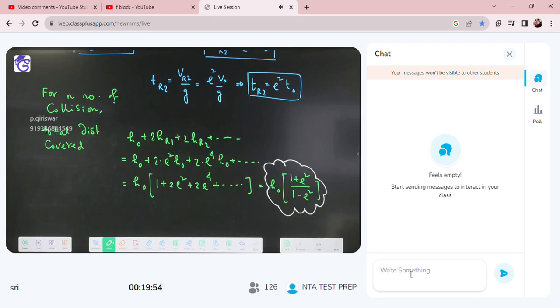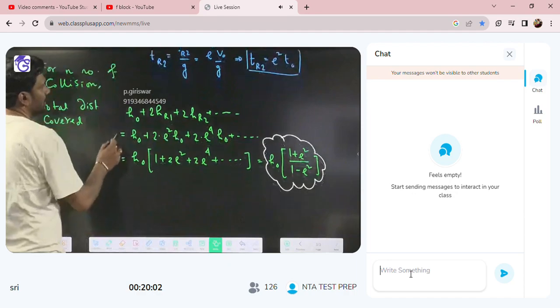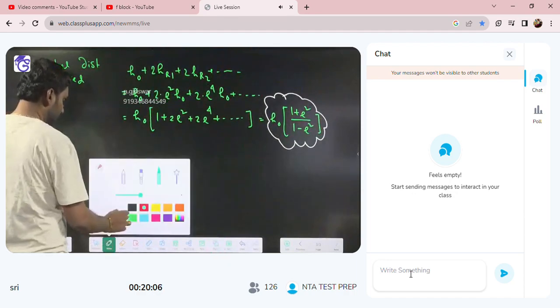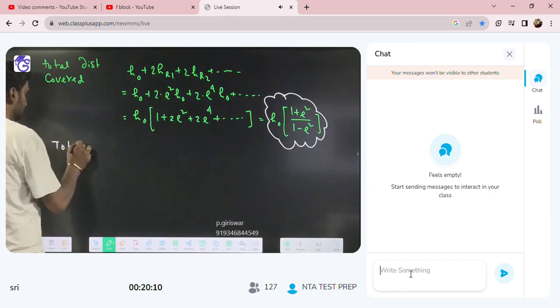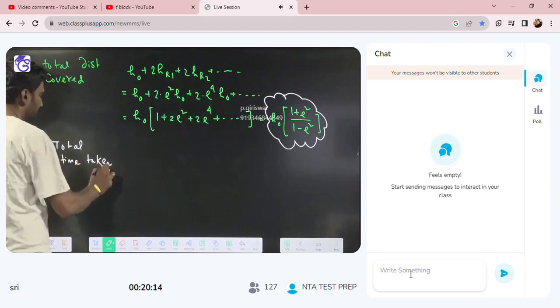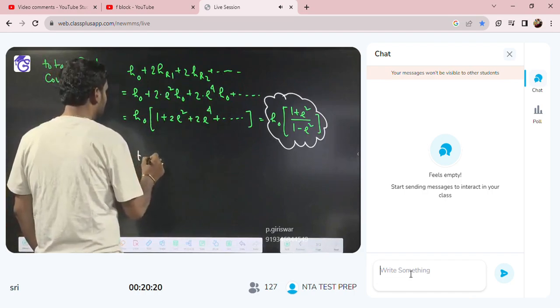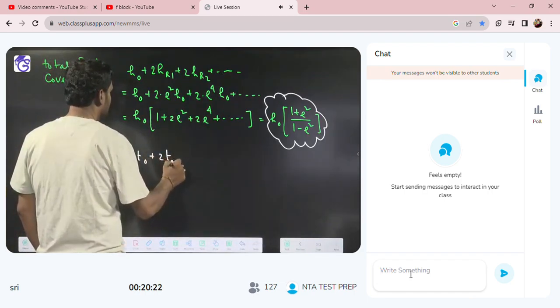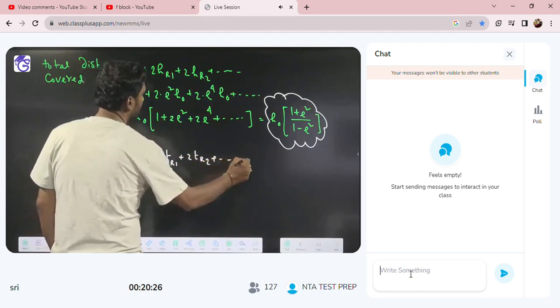Right. Okay, fine. At the same time, we'll calculate the total time taken. Total time taken is equal to T naught plus 2TR1 plus 2TR2, and it goes on.